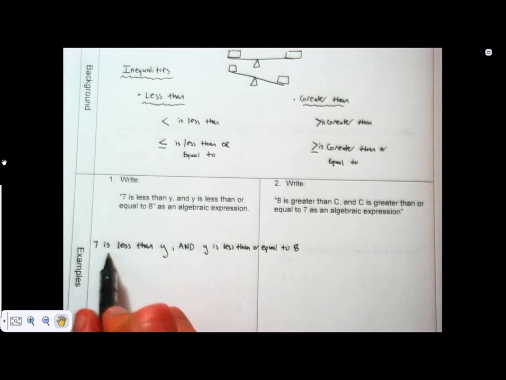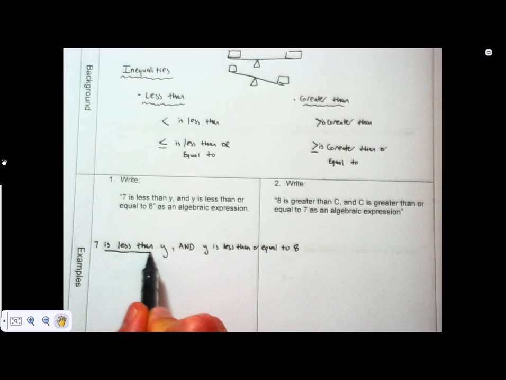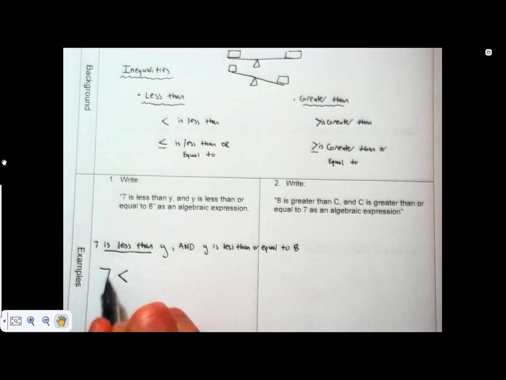So let's take a look at how you might translate sentences into inequalities. Let's take a look at number one. Number one says 7 is less than y and y is less than or equal to 8. Because I see the words "is less than," I know that corresponds with this symbol. Okay, 7 is 7 and y is y, so we're left with that.